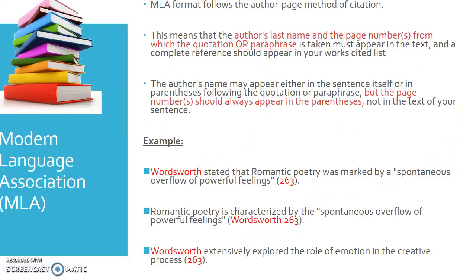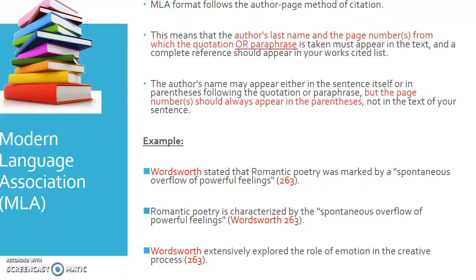Okay, so you should have received a couple weeks ago, right before spring break, an MLA file. It was a PowerPoint that had all the information for how to cite your sources correctly in MLA format. For your research paper, you have to have a works cited page as well as in-text citations.